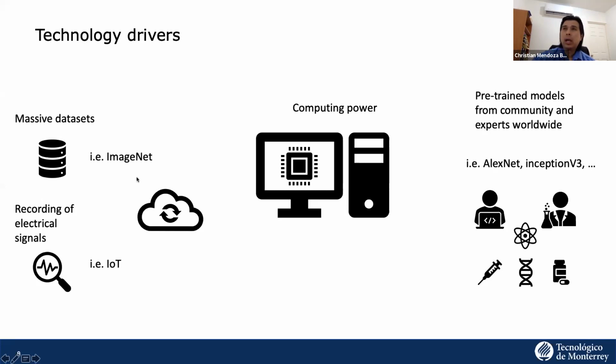And think about ImageNet, which is one of the oldest big image databases, used to create the first models for image recognition and classification. You also have a lot of electrical signals being recorded. Companies can deploy sensors that record variables in the fabrication process, and those variables are stored in massive data sets.